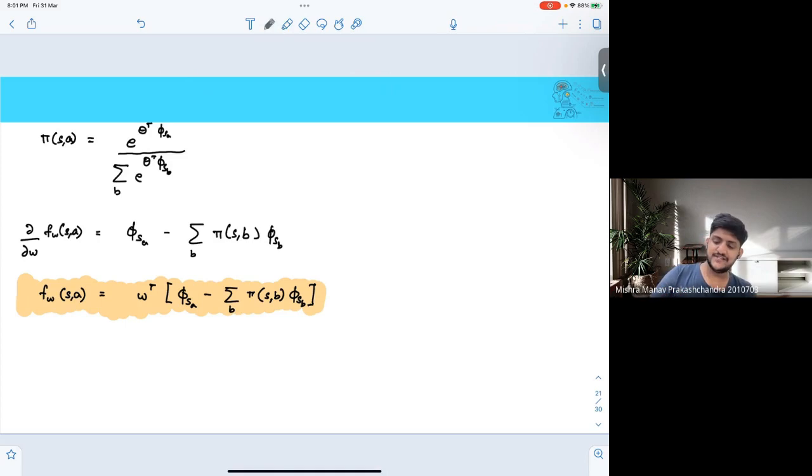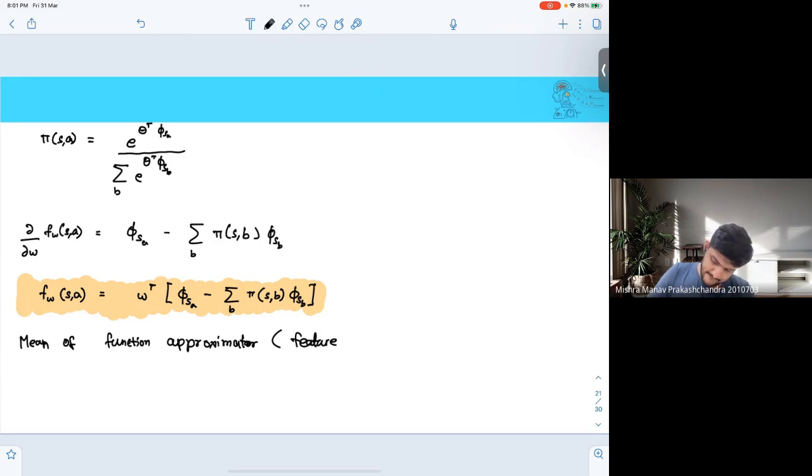And finally, if I take the mean of this quantity, the mean of the function approximator, or as also called the feature vector, if I just simply take the mean of this quantity, sum over all the actions given f omega comma a pi of s comma a, this quantity goes to 0.